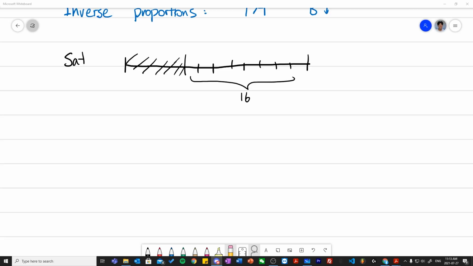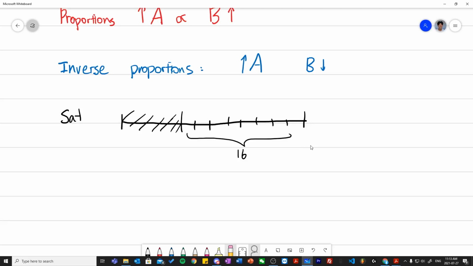So today, sorry, I think I spelled your name wrong. We're currently going over inverse proportions. So basically what I just went over is that instead of what we dealt with last week, when A increases, B increases, this time we're dealing with when A increases, B decreases.